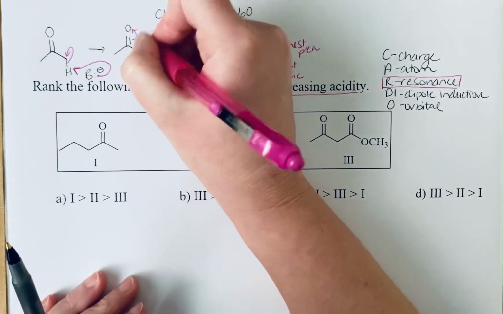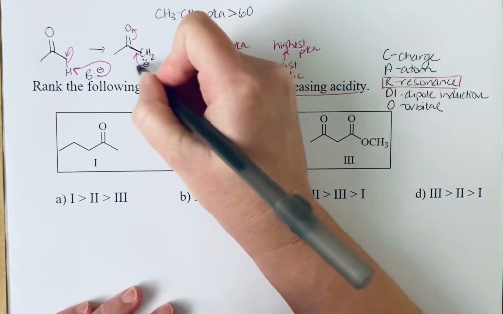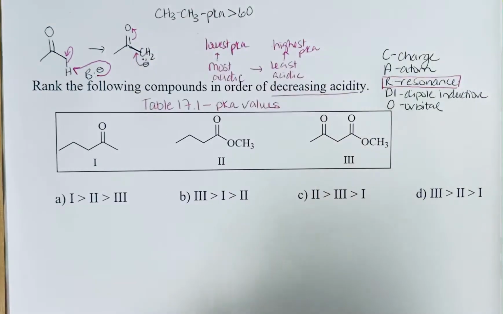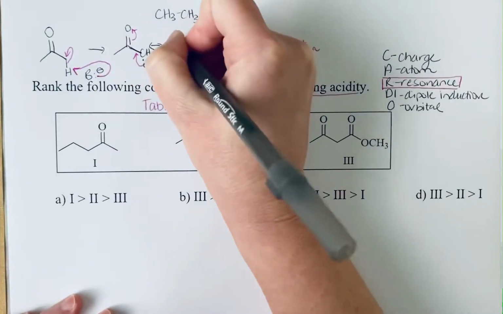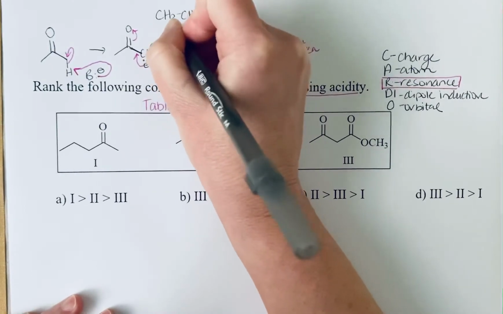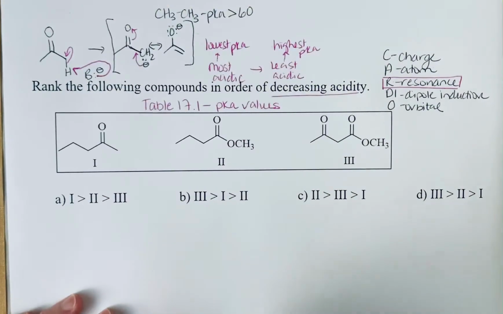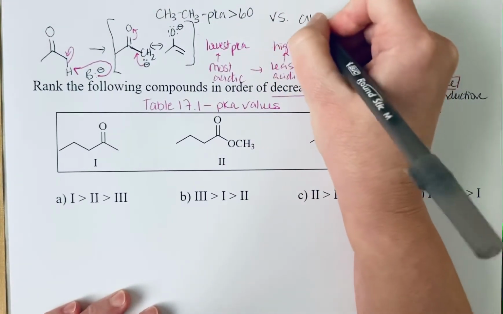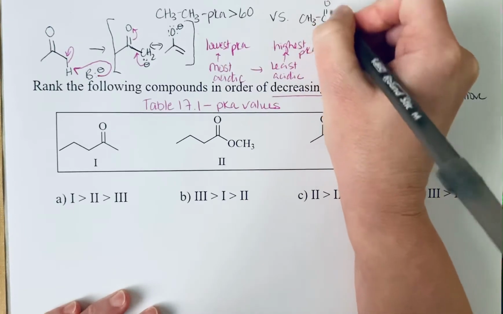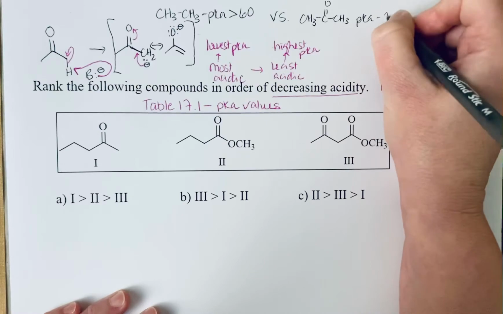This makes a big difference. Let me elongate this bond. I want to be clear that this arrow goes into the middle of the bond, because that's going to form a double bond. So we're able to share that charge with oxygen. This is really a stabilizing factor, and the pKa value for something like acetone, which is what I just drew, is 20.